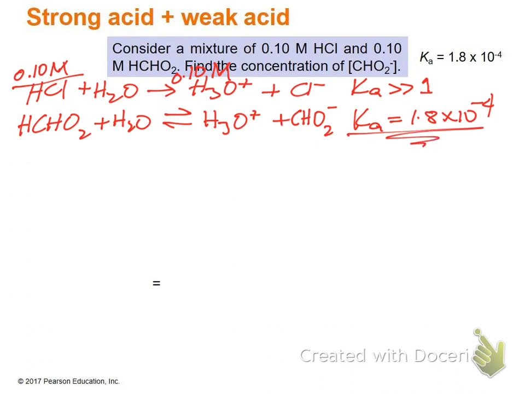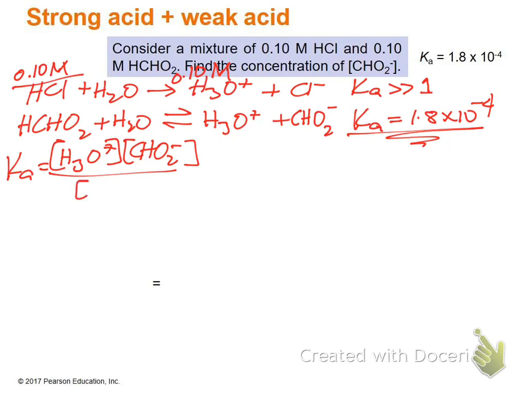So the Ka expression for the formic acid is H3O plus times the concentration of the conjugate base, which is CHO2 minus, divided by the concentration of HCHO2. And this is equivalent to 1.8 times 10 to the negative 4th.